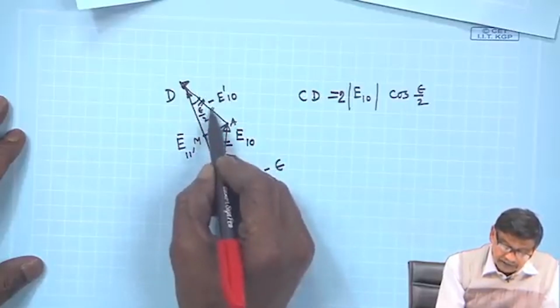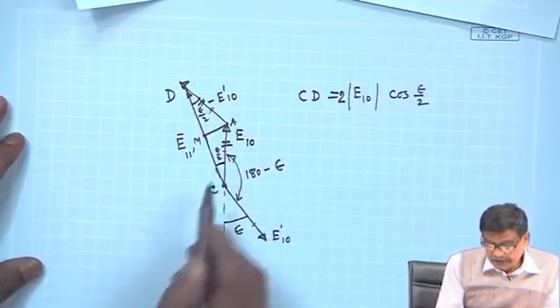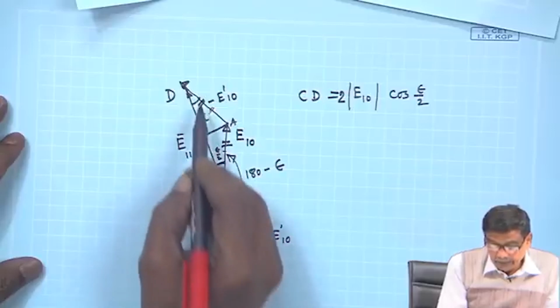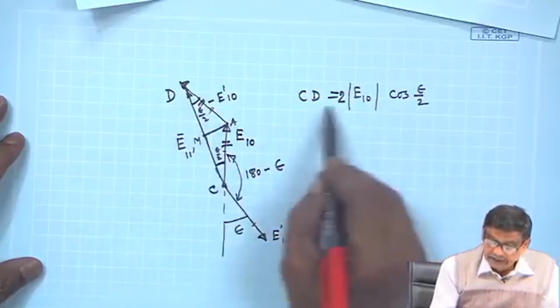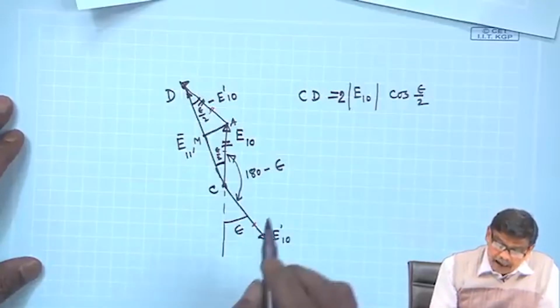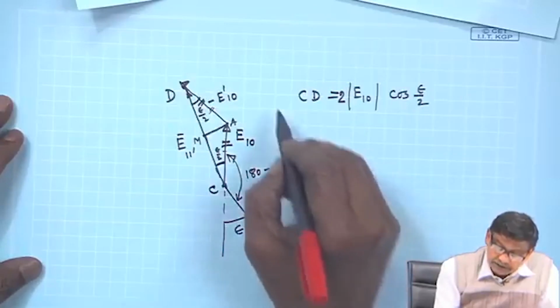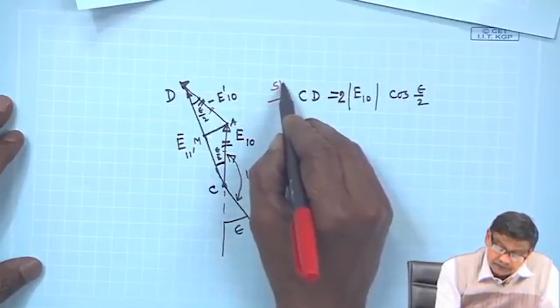By applying simple geometry, this is epsilon by 2, and for the short pitched coil the resultant voltage will be 2 E10 cos epsilon by 2.